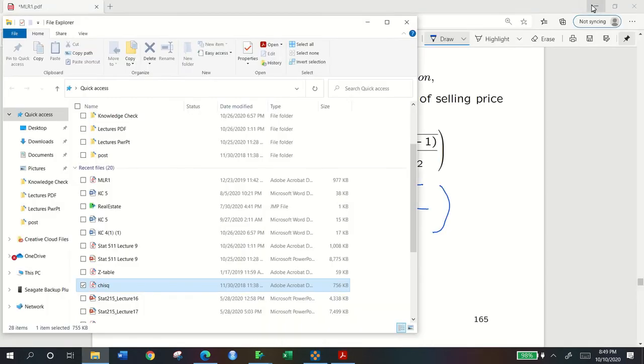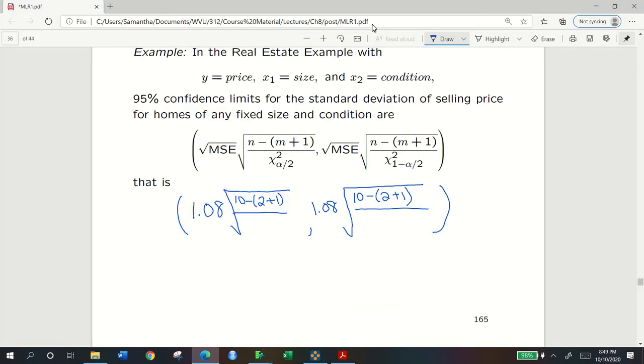But actually, before we do that, I want to establish our alpha level and our degrees of freedom. In order to calculate our chi-squared critical values, we need to know our degrees of freedom, which in this case is 10 minus the quantity of 2 plus 1. Well, 2 plus 1 is 3. 10 minus 3 is 7.